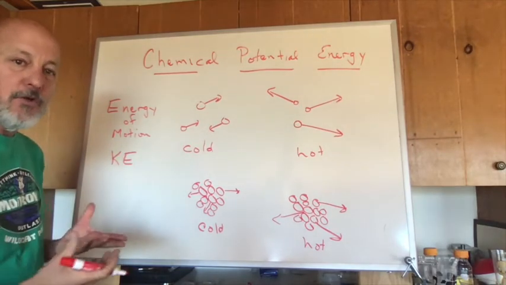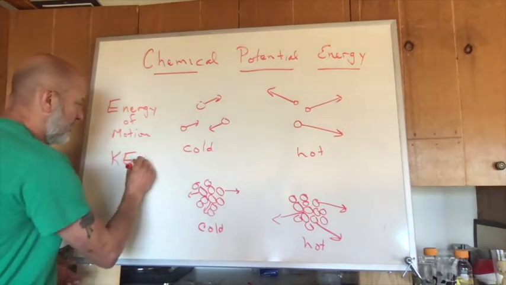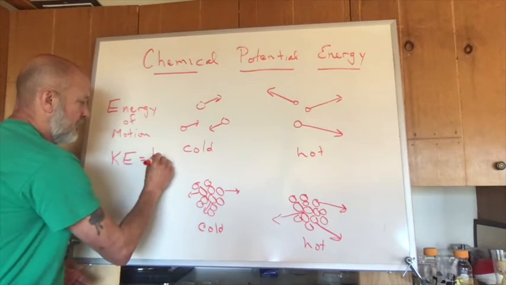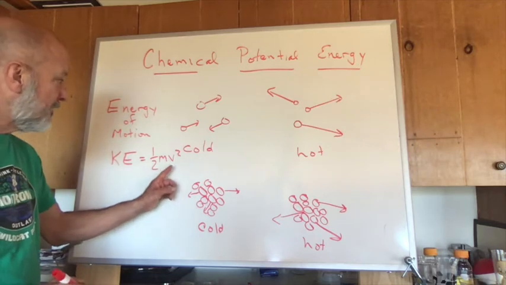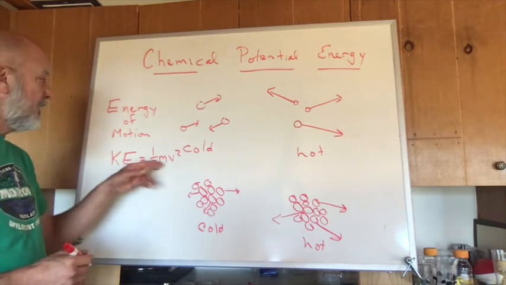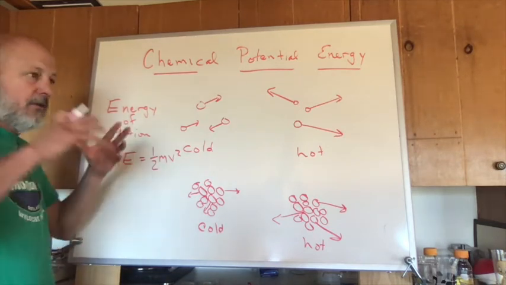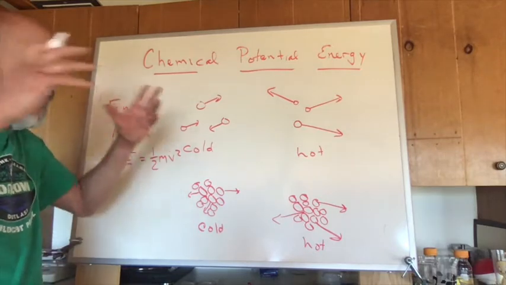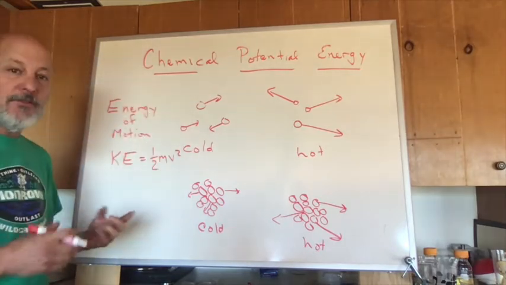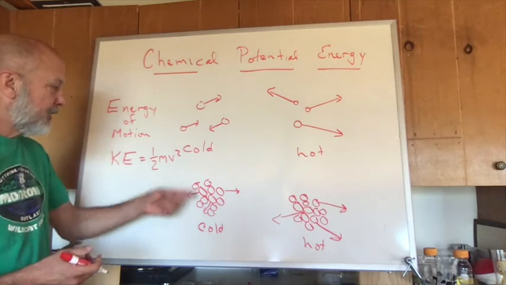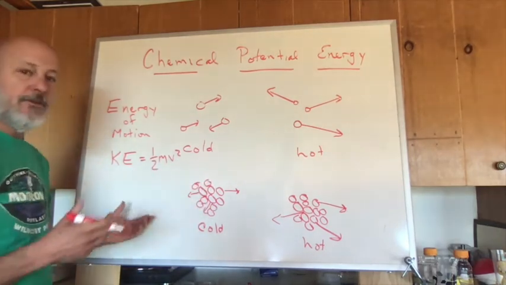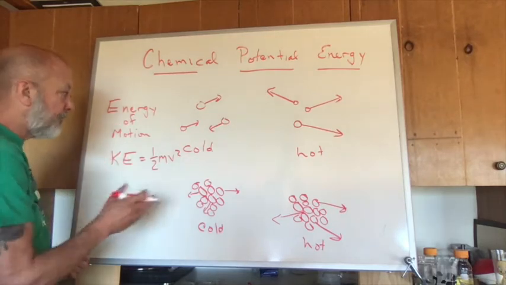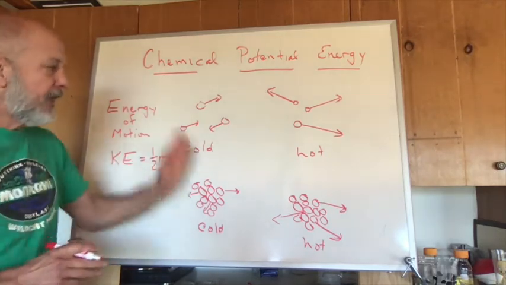The energy of motion depends on two things: the mass and the speed or the velocity of whatever we're looking at. On the grand scale, it's some big object that has some mass and some velocity. In chemistry, it's these small particles which do have mass, and there's a lot of them, and so there's all this energy of motion.